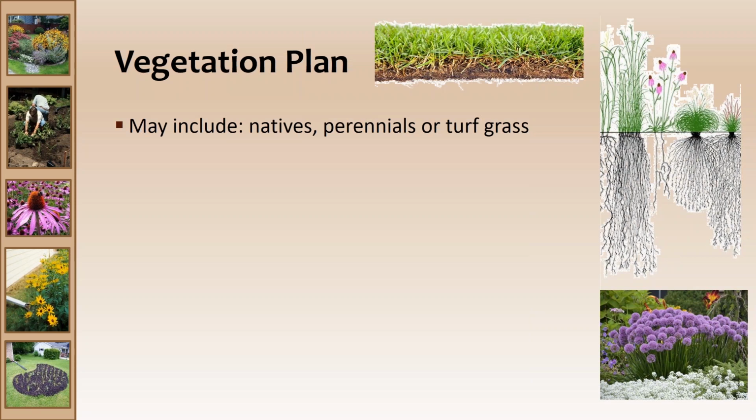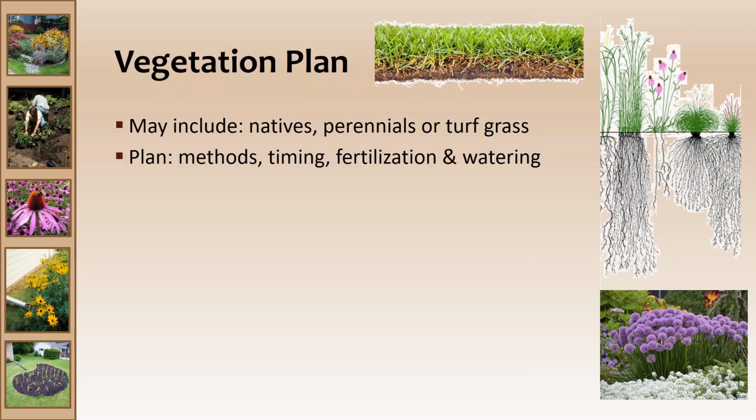Right. So anyways, while everybody on the team agreed that deep-rooted native plants are the best, if you're using the practice in a regulatory setting, the science says that turf does still work. So that's why it's allowed in the standard.